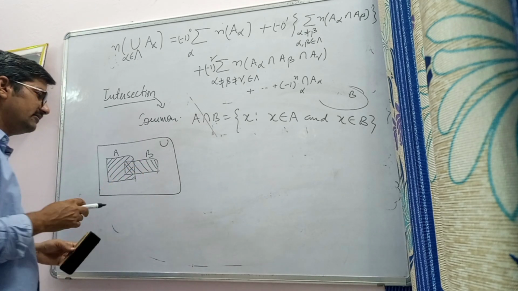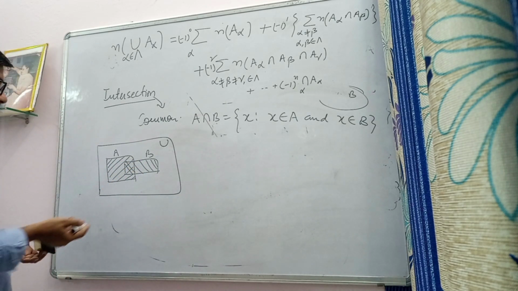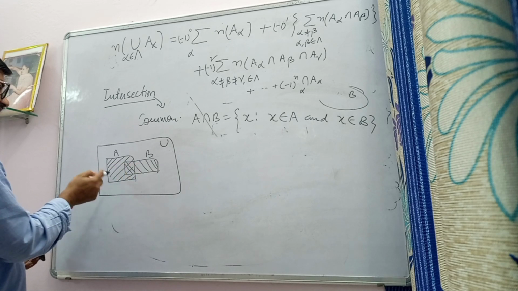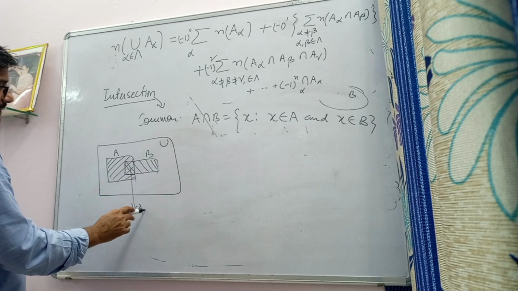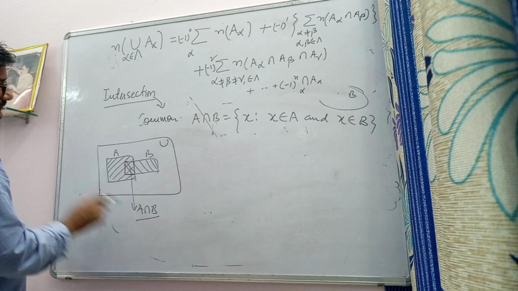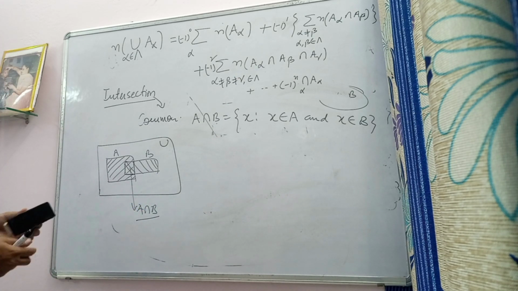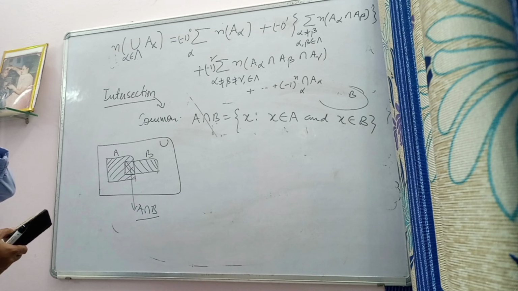So you will have a third type of pattern, different from the patterns of A and B. This portion is A intersection B. So the idea for showing union and intersection using a Venn diagram is different.